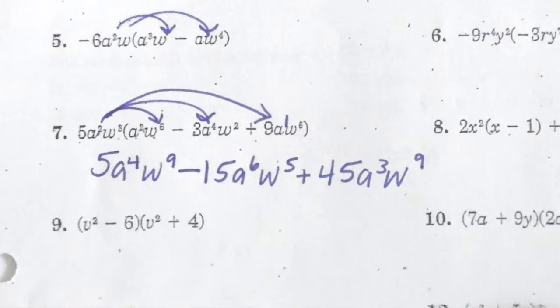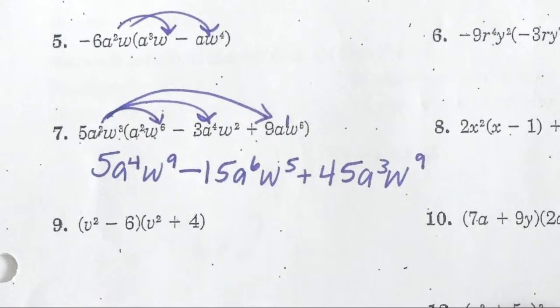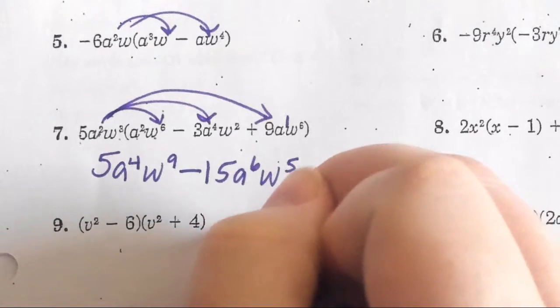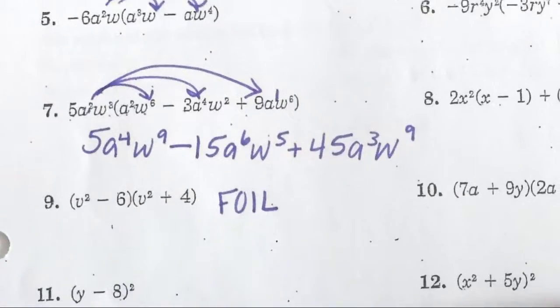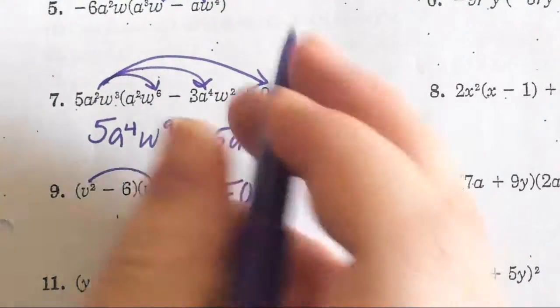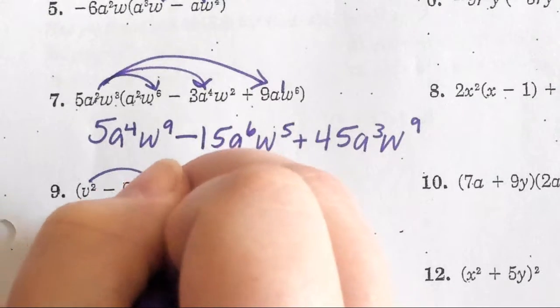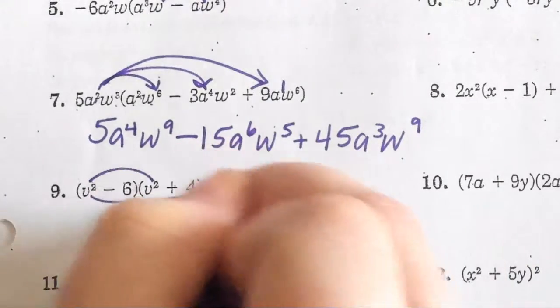What are we supposed to use on number 9? To get a point. You're supposed to FOIL. Again, the whole reason we're practicing this is to make sure we're keeping up with our exponents. First would be 2 times 2, so it's 4. B to the 4th.